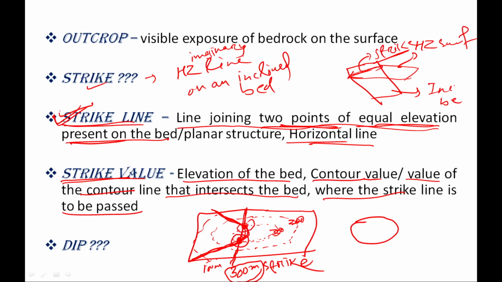It is nothing but the value of the contour line which is passing through these 2 points where the strike is intersecting the bed.